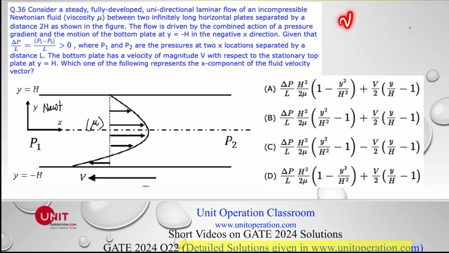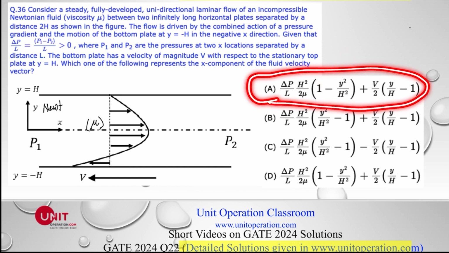So at y is equal to negative of h, we get vx is equal to negative of v, which is this one right here. So here Vx is equal to negative of V, and here Vx is equal to 0. So A satisfies the boundary conditions. So again, this is the correct solution.